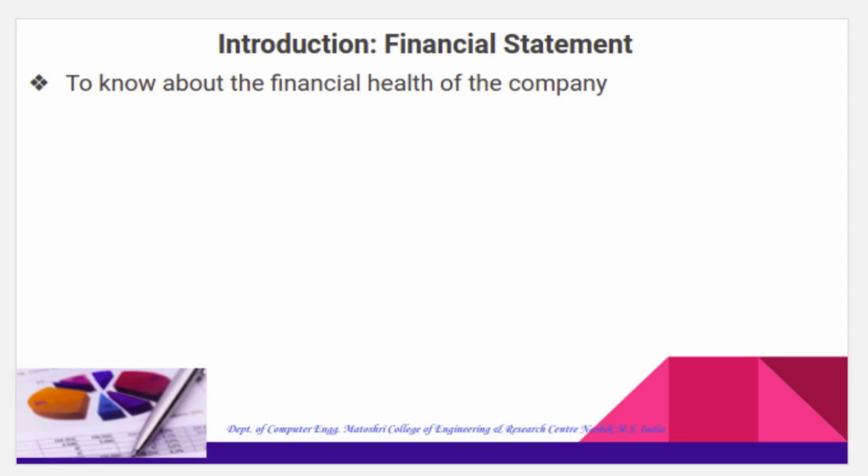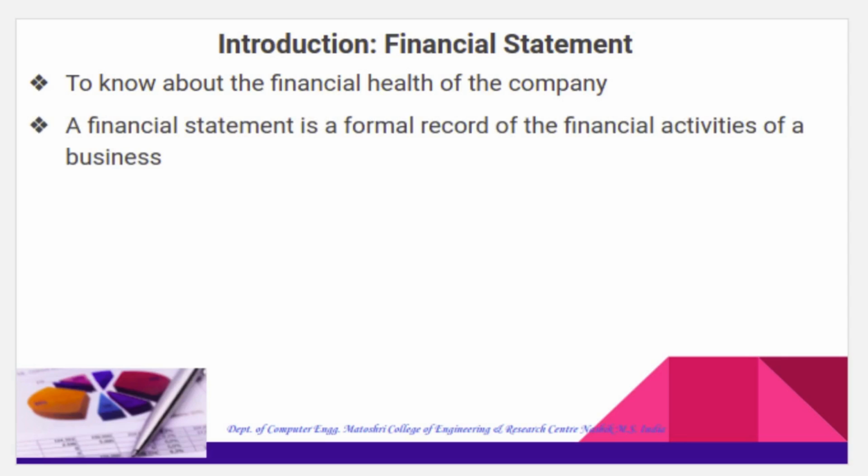The shareholder is interested as his dividend is dependent on this position, while the creditor is interested because his money is locked in that company. A financial statement or financial report is a formal record of the financial activities of the business, or you can say the person or other entity. In India, a financial statement is often referred to as an account statement.